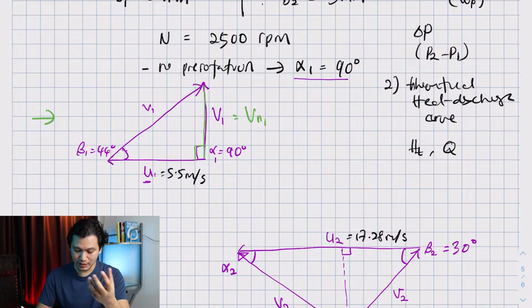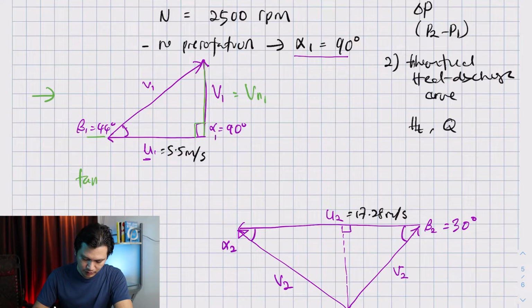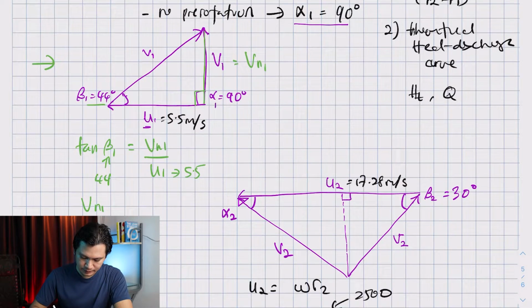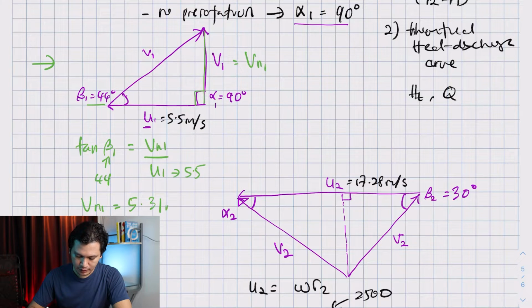It's quite simple: you can use the tangent relationship with this angle. Tangent beta 1 is Vn1 divided by U1. We know that U1 is 5.5 and beta 1 is 44. So your Vn1 is 5.5 tangent 44, which is 5.31 meter per second.